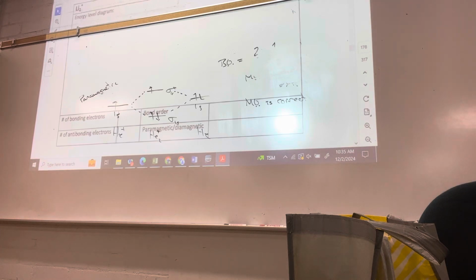Now for the 2p's, we have 2 ways that we can do LCAO. We can do it like this, head on. Like here, positive, positive, negative, negative, like that. This is going to create the bonding MO. The bonding MO is going to look like this.